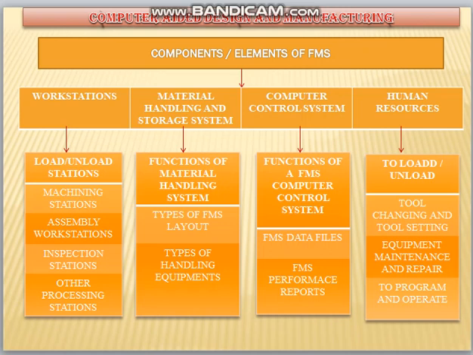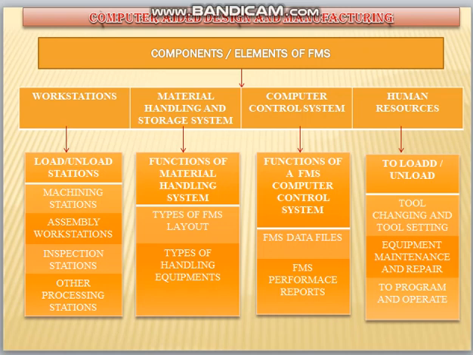Next, tool life monitoring. All these are done in the FMS data files. Next, the FMS performance report: all the reports indicating the utilization of resources, production performance, tool reports, and availability of machines are listed in this performance report.